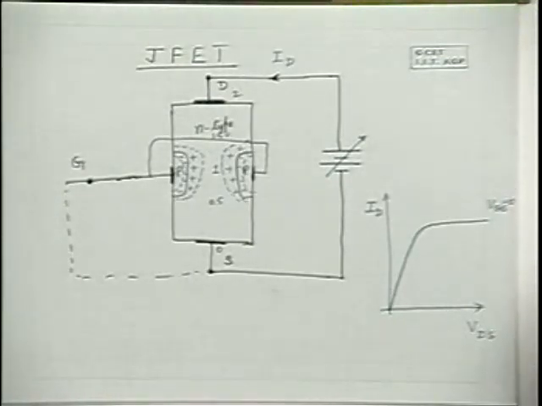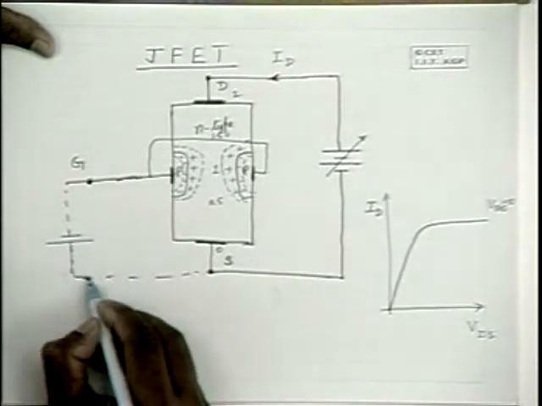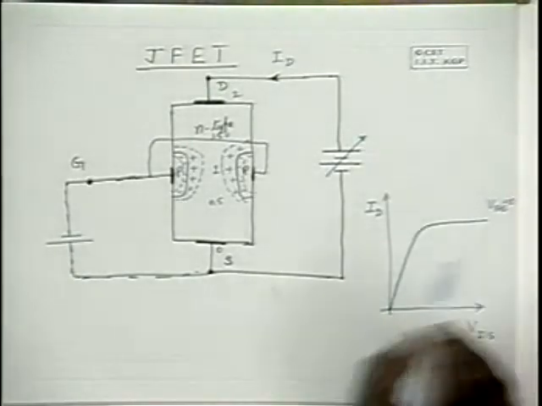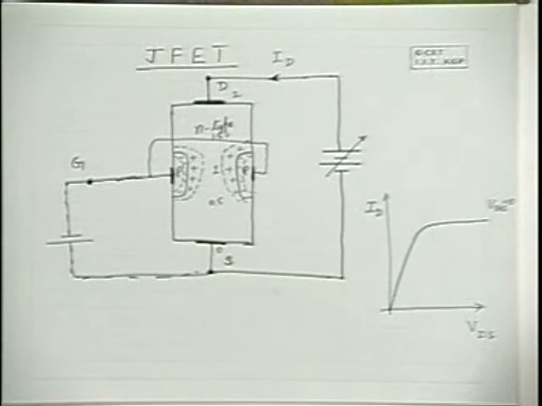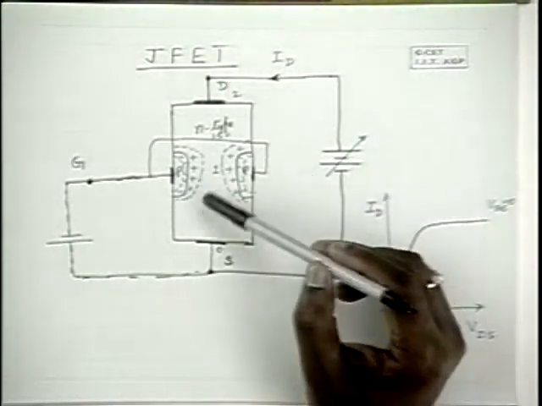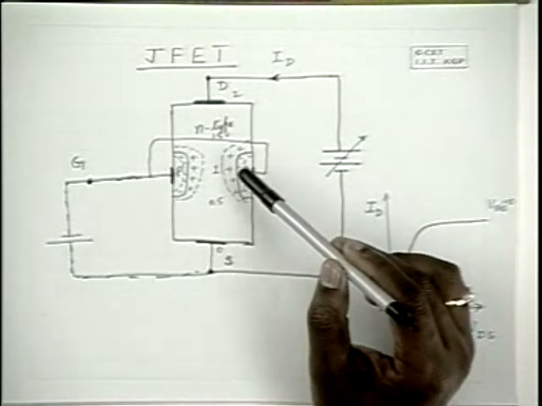Now what happens if we reduce VGS? If VGS is made negative, what happens to the situation? If VGS is negative, even when this potential difference is 0, this PN junction is reverse biased.